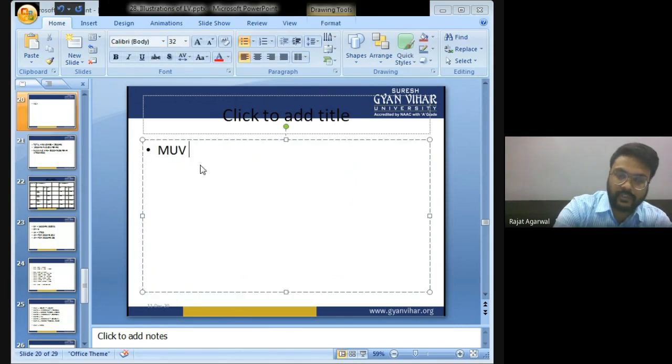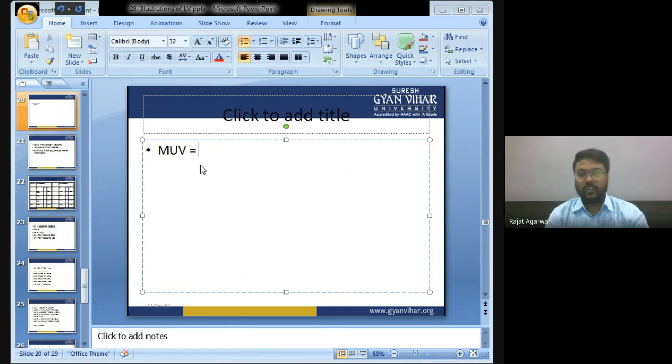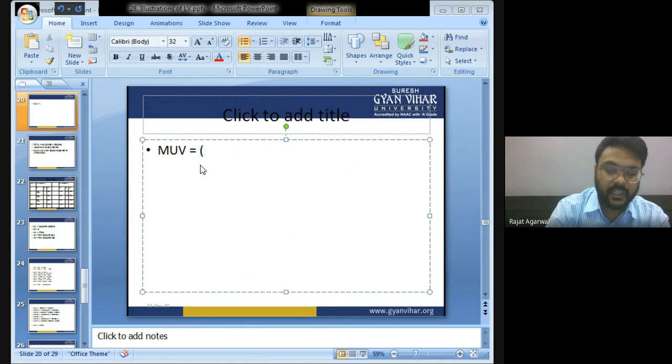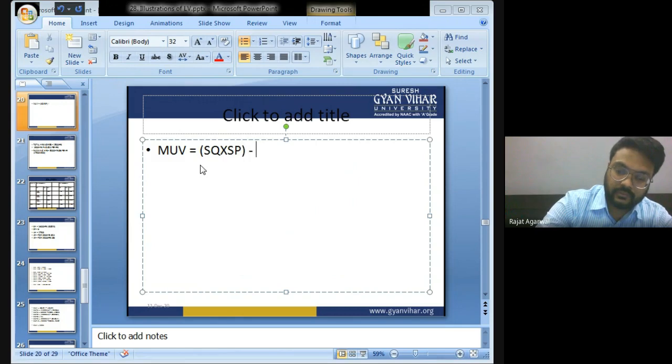Material usage variance. What is the formula of material usage variance? The formula is standard quantity into standard price minus actual quantity into standard price.